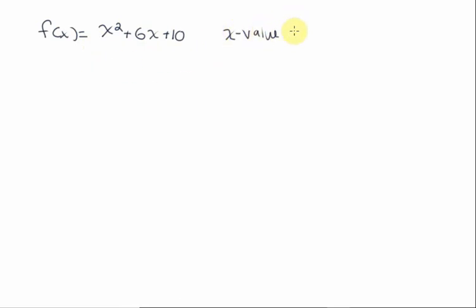The x value of this vertex is going to be the opposite of b, which is 6, so it's a positive 6, so negative 6 divided by 2 times a. Well, what's the a value here? It's just 1. So let's see, that's just negative 6 divided by 2, so negative 3.